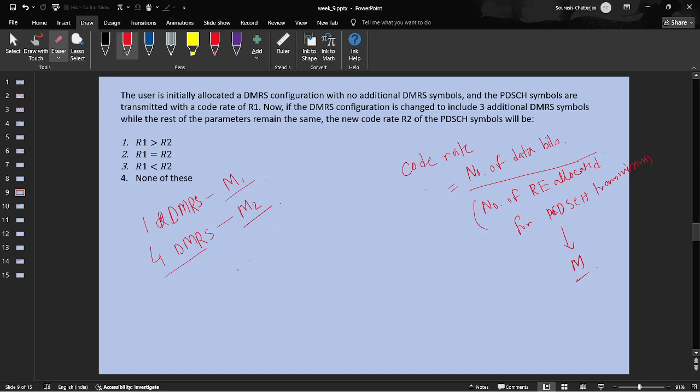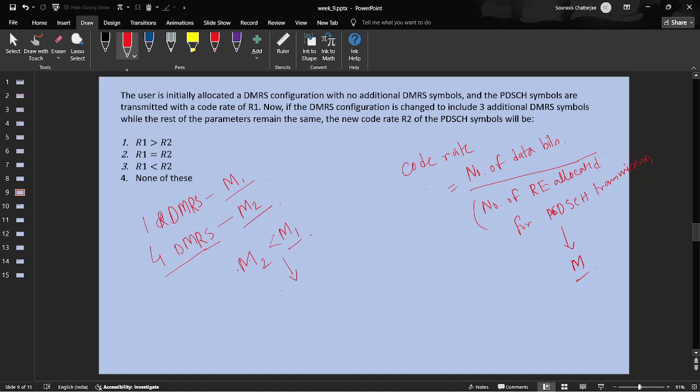In case of one DMRS, you have certain symbols where you are transmitting the data, maybe the fifth, 8th, and 11th. But when you have four DMRS, the fifth, 8th, and 11th symbols are occupied, and they carry no useful information. They are only for channel estimation purpose. So the number of resource elements for data transmission purely reduces.